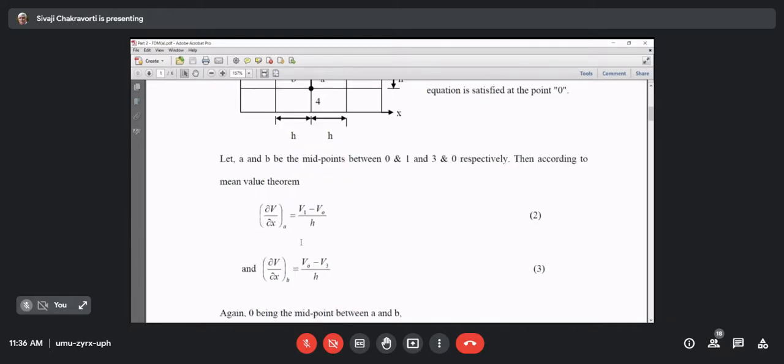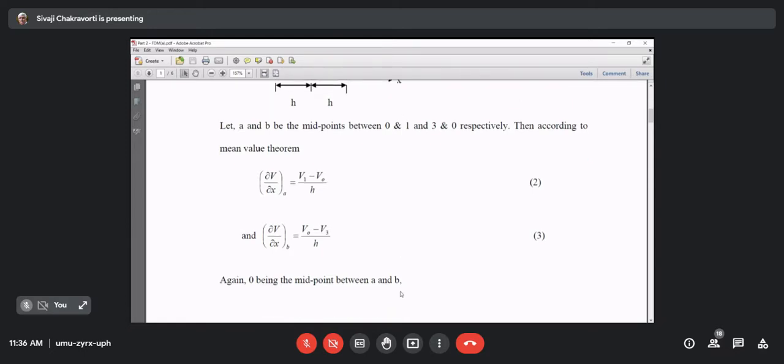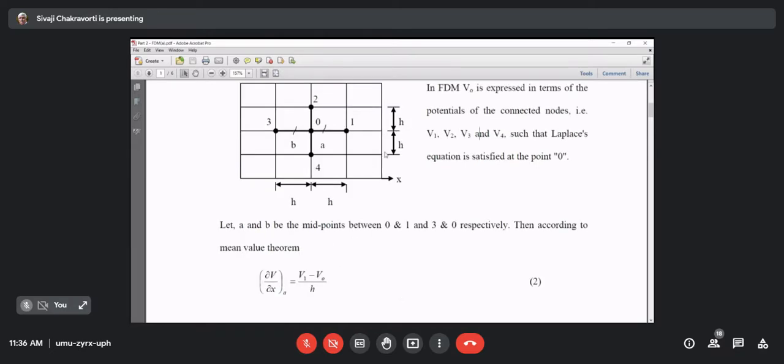So you can see I can get two expressions of del V del x, one at A and one at B. Now extending this logic, we can say that A and B being midpoints, and all the nodal distances being equal, node 0 is the midpoint between A and B, no doubt about that.